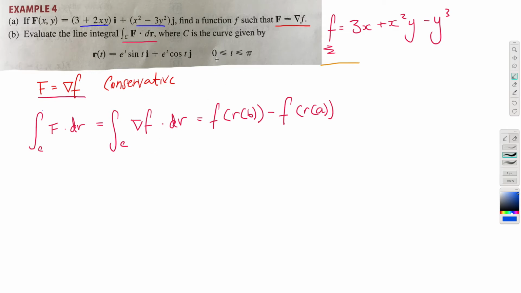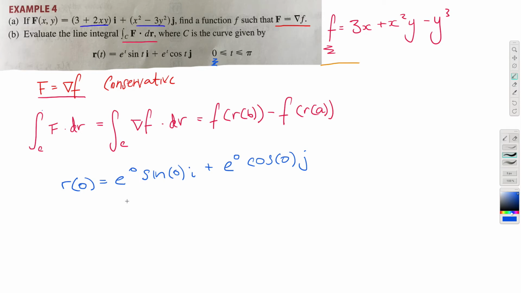We simply plug in. We know that the start point is t equals 0. So r of 0 equals e to the 0 sine of 0 i plus e to the 0 cos of 0 j.